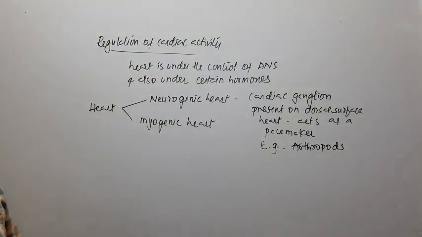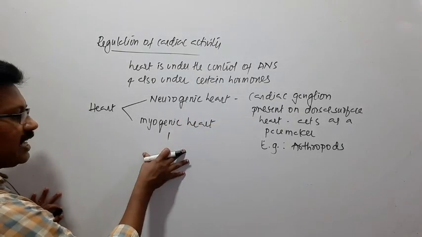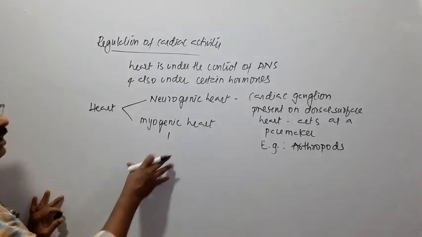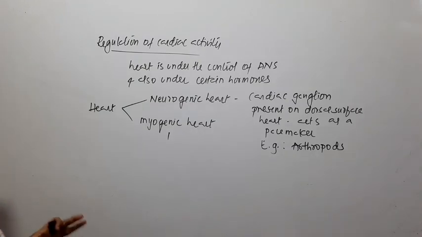Then coming to the myogenic heart. Here the heart contractions and relaxations will depend on a special tissue, what we call a nodal tissue. And that nodal tissue, as we have seen in our previous sessions, is the SA node.